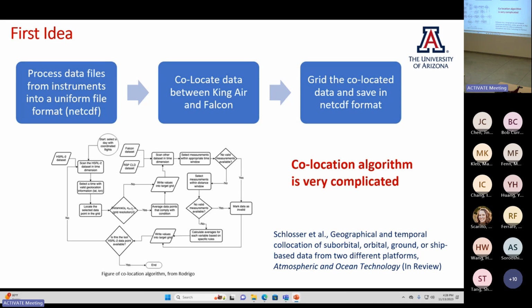This was the co-location algorithm schematic that Rodrigo had created. The co-location was very complicated, at least how we were doing it, and I do want to point out that Joe recently did some co-location for those two platforms. So we went back to the drawing board and thought about how we could rethink this co-location algorithm, or what we needed.